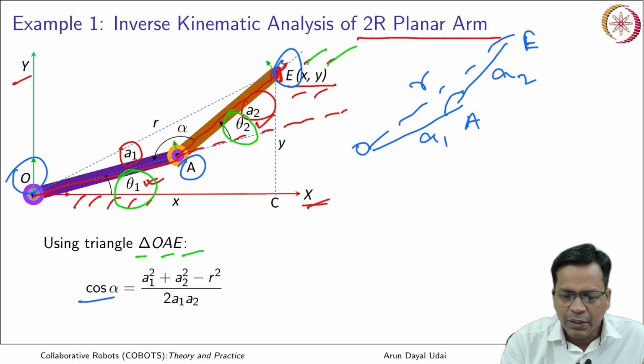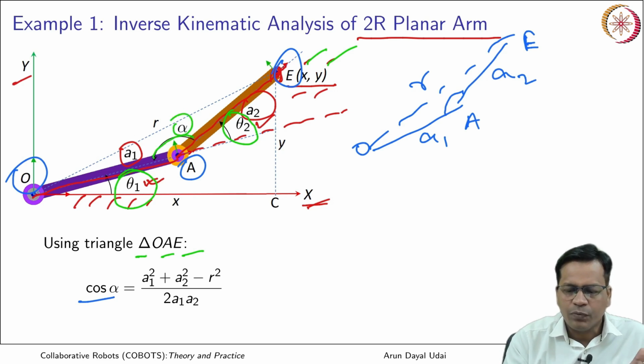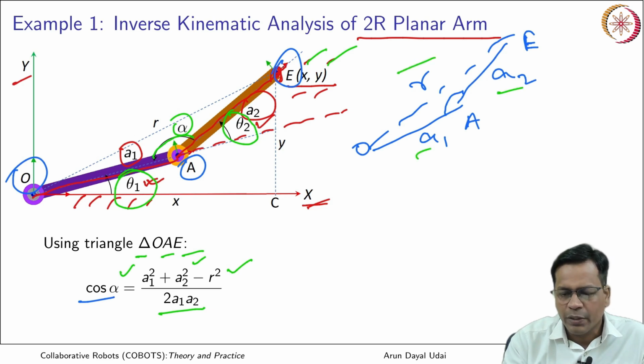Alpha is here, if you can see it, this is your alpha. Cosine of alpha is (A1 square plus A2 square minus R square) by 2 A1 A2. This is the angle alpha.